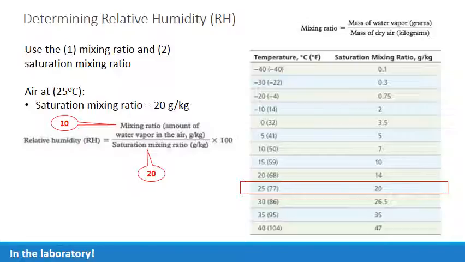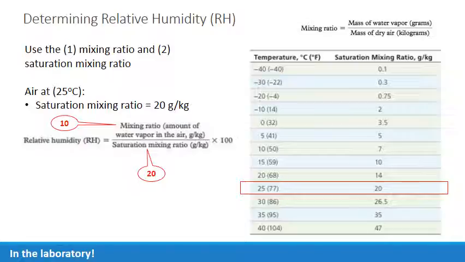It has its own equation, right? We said in the last slide that it was the mixing ratio, which is the amount of water vapor in the air, divided by the saturation mixing ratio. So what is the current mixing ratio of the air, and how much water will be present once it's saturated?